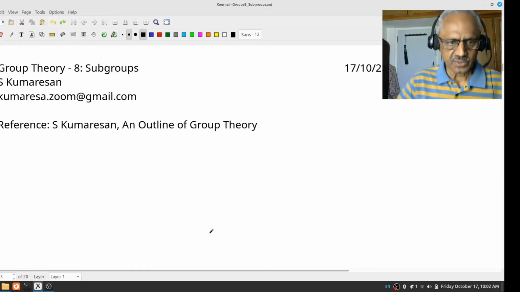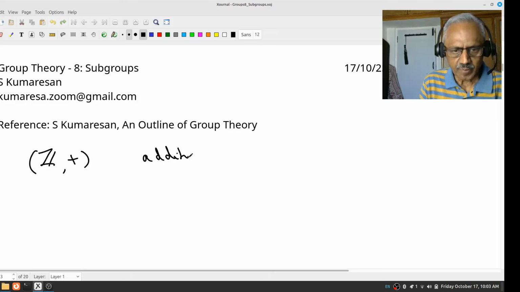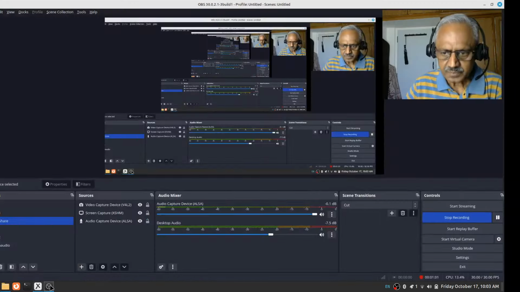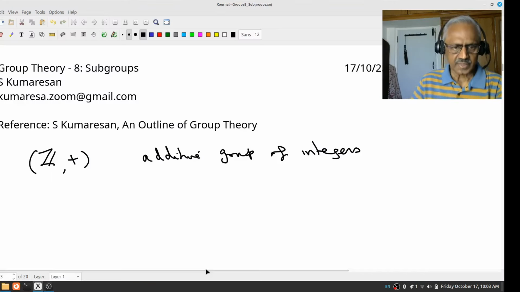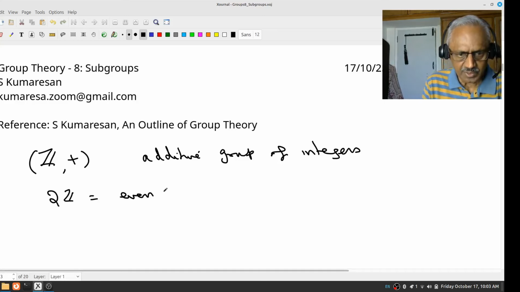Right, let's get started. So let us start with an example. Let us look at the group Z under addition, that is, the additive group of integers. Now let us look at even integers, 2 times Z, that is, multiples of 2.